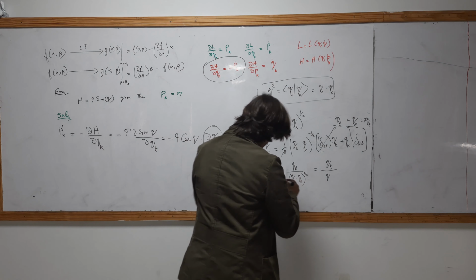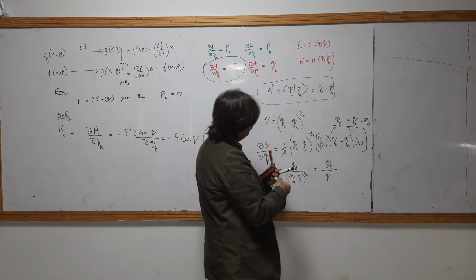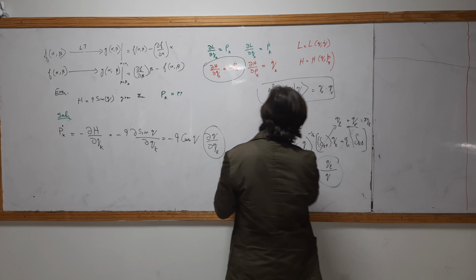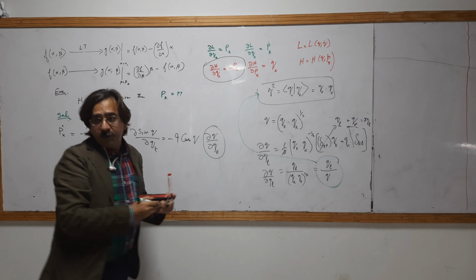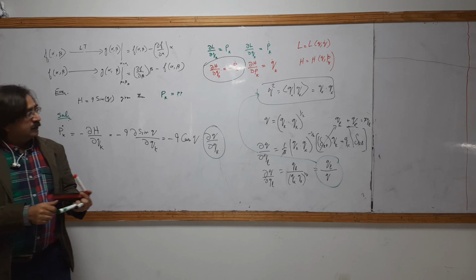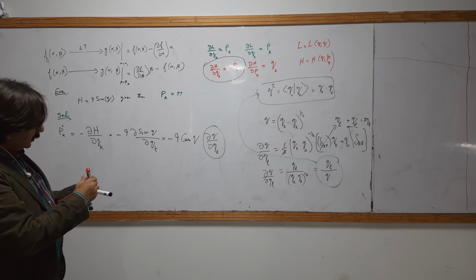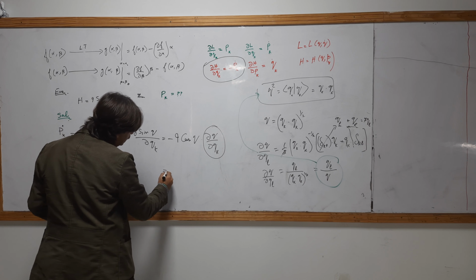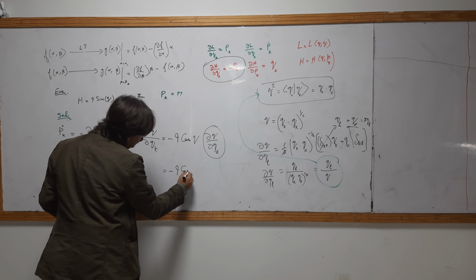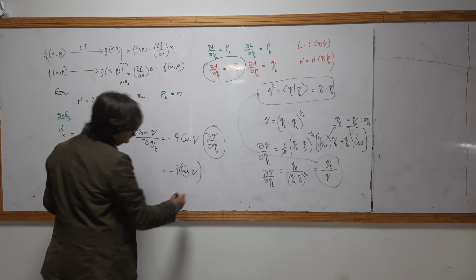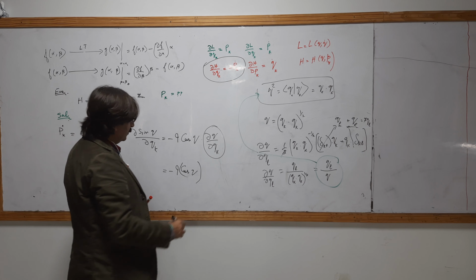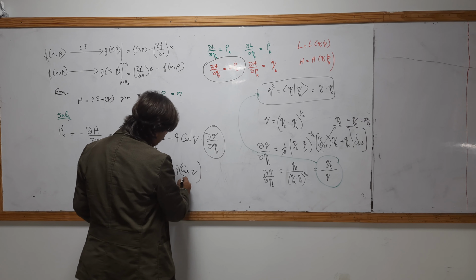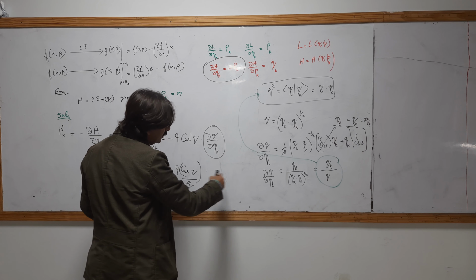Why? Because of this. Okay. So putting this value in this equation, this will give you the 9 Q, this is magnitude.